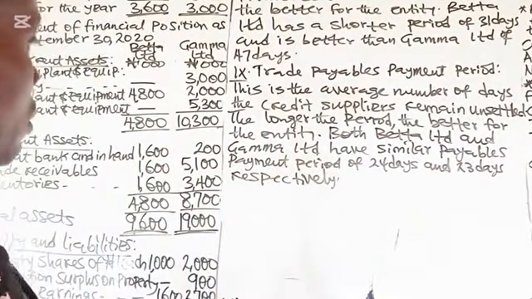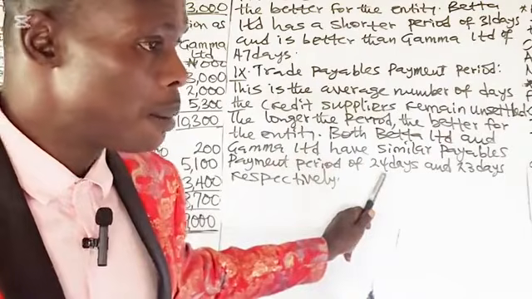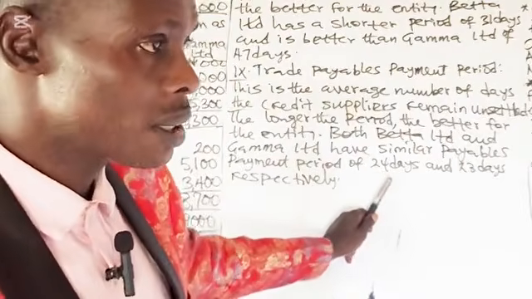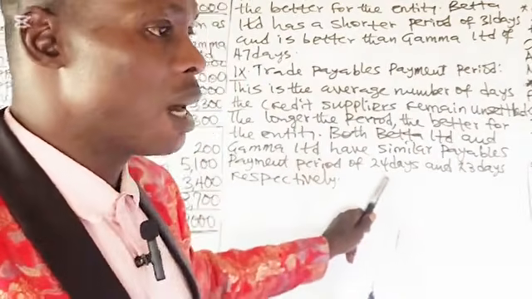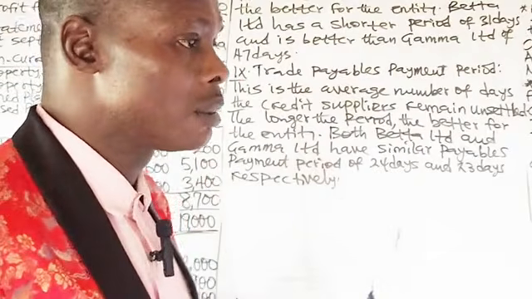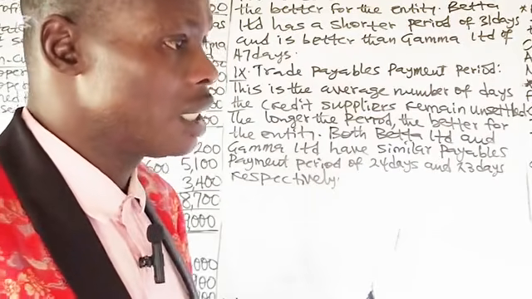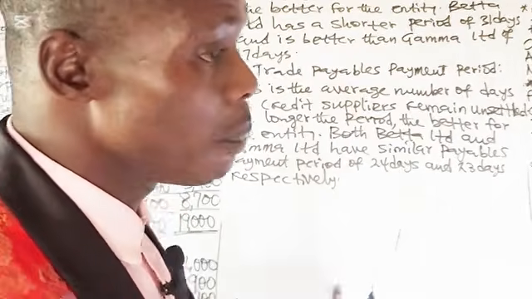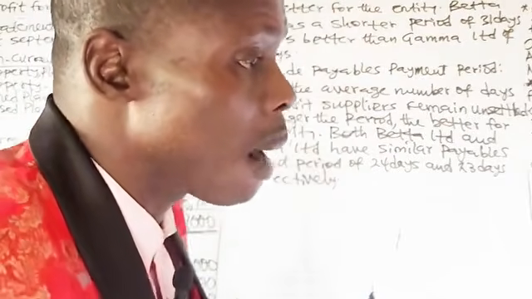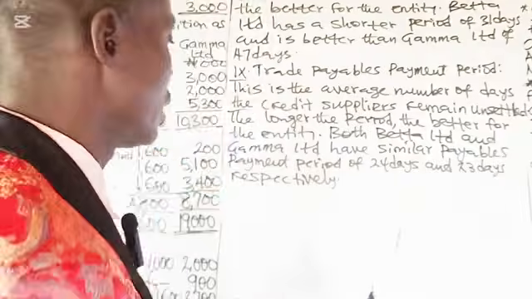So Beta has a payable payment period of 24 days and Gamma has a payable payment period of 23 days. This indicates that they both have approximately the same amount of time to pay their suppliers.